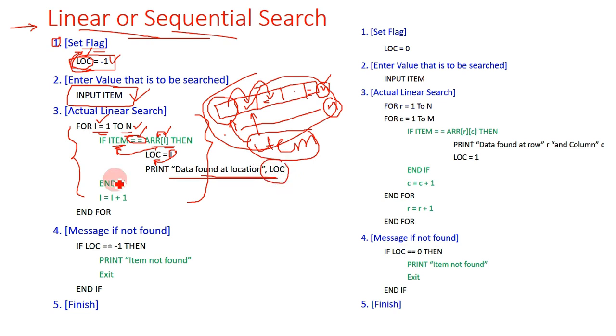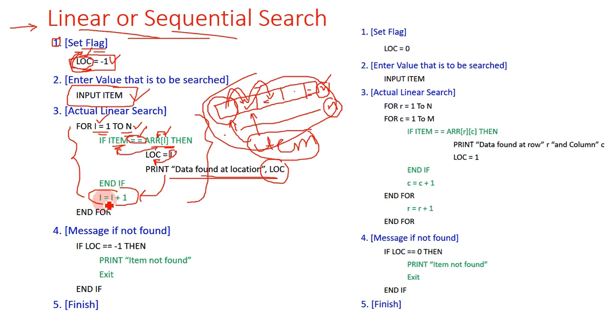But if the item doesn't exist at the first location, what will we do? Again the index I will be incremented and the process will continue. Now the second location value will be compared with the item, then the third location, then the fourth location, until the final location of the array.